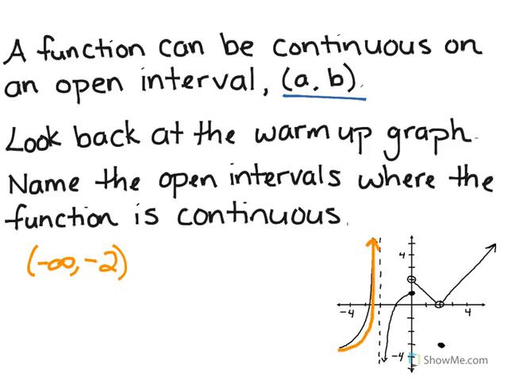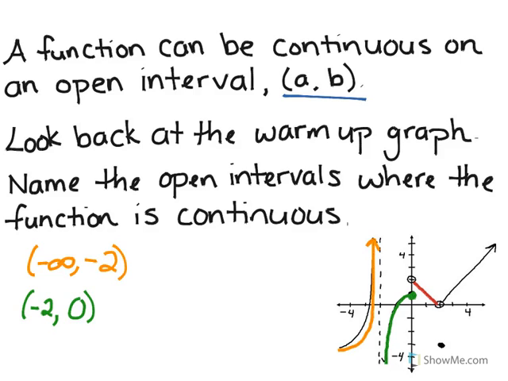How many other open intervals are there? There's another one, starting with this part of the graph and ending with this point. That interval starts at negative 2, but again, does not include negative 2. And we're talking about domain, we're talking about x values here. It goes all the way over until we get to x is 0. What else do we have? Next I see we can go from the hole up here to the hole there.